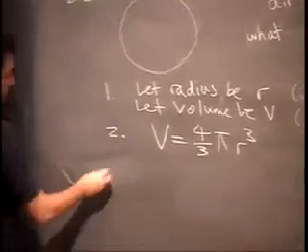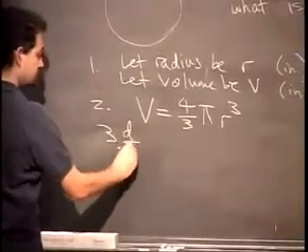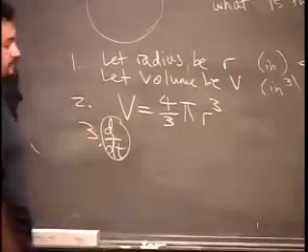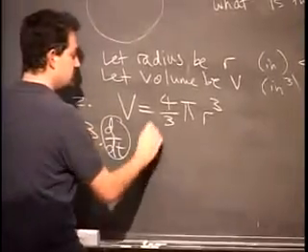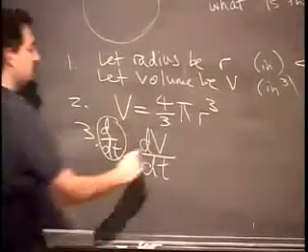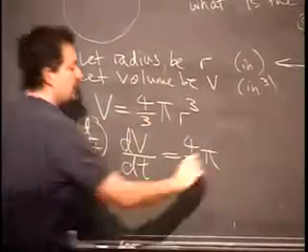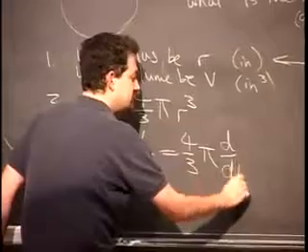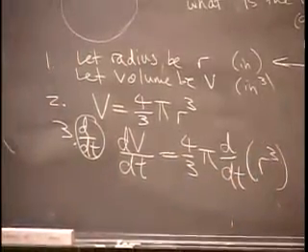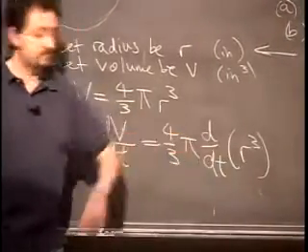So there is the equation that relates V and r, but it does not relate their rates. In order to relate their rates, you need to take d/dt of both sides of this implicitly. Well, if you differentiate V with respect to t, you mercifully just get dV/dt. 4/3 pi is just a constant, and then we're going to have d/dt of r cubed. Now, if this was just t cubed, that derivative would be 3t squared.